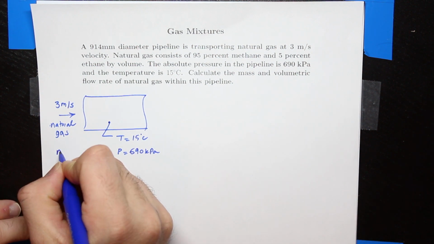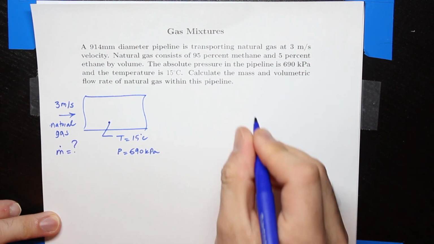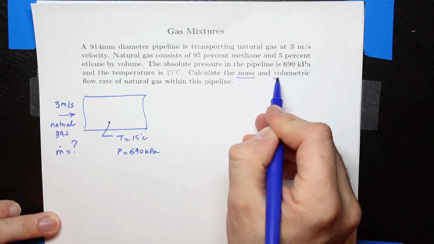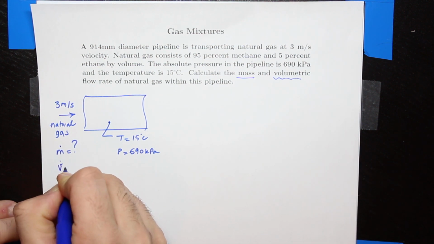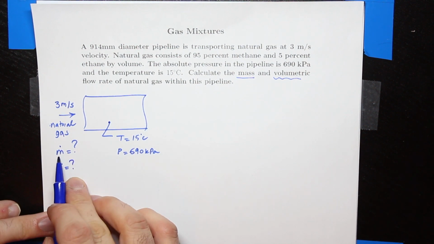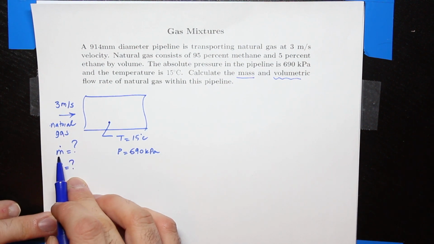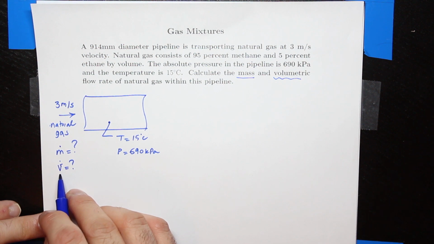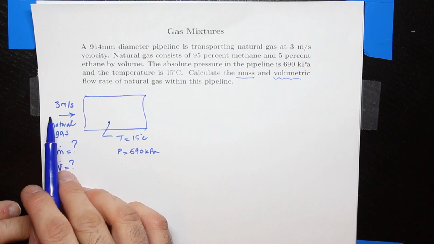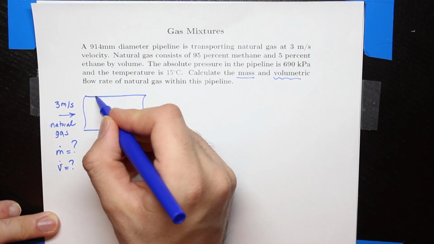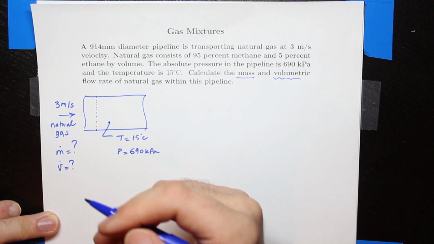The question is asking for the mass flow rate, as well as the volumetric flow rate of the gas within the pipe. The unit of mass flow rate is kilogram per second, for instance, and the unit of volumetric flow rate can be meter cube per second. The question is asking how much mass is passing through a specific cross section at a given time.